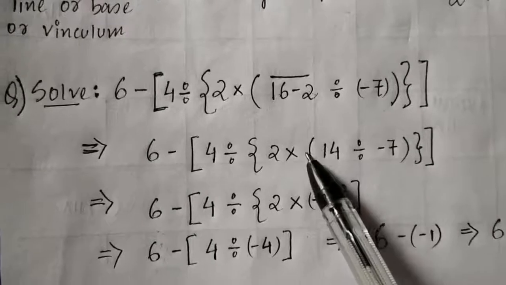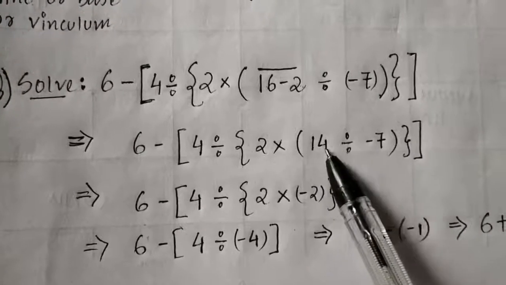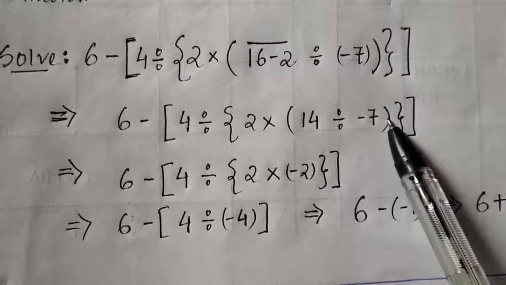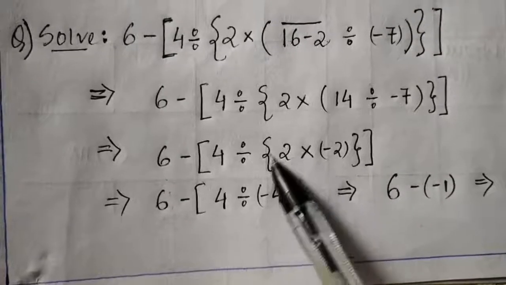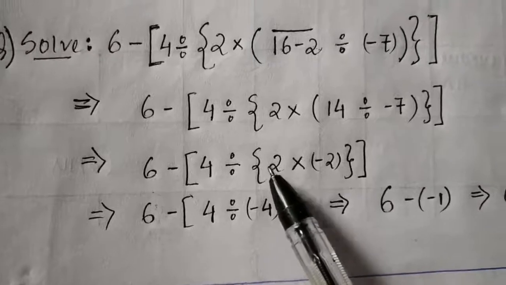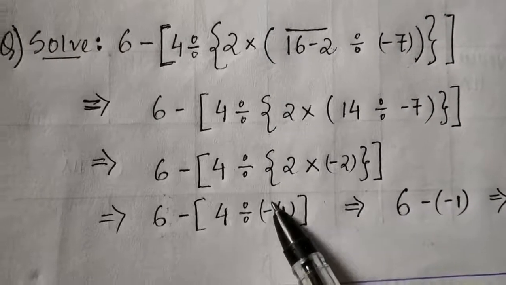Now we solve the small bracket. Inside the small bracket we have 14 divided by minus 7, so we get minus 2. After that we solve the curly bracket. In the curly bracket we have 2 into minus 2, that is minus 4.